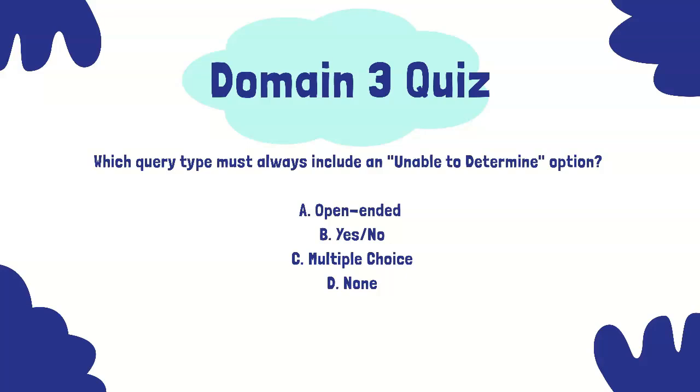If you said B, yes, no, you are correct. According to somewhere around pages 5 and 6, yes, no queries require an unable to determine option for neutrality. They don't want you to have any influence whatsoever.